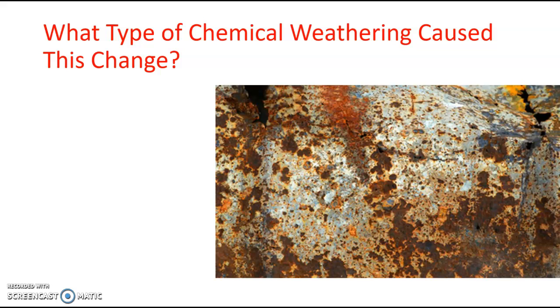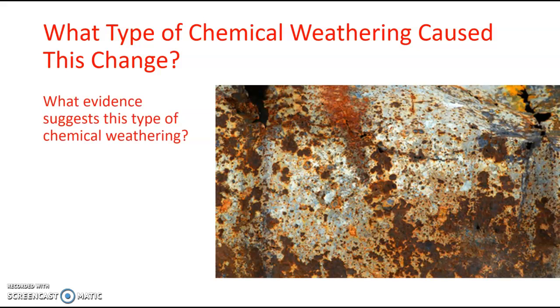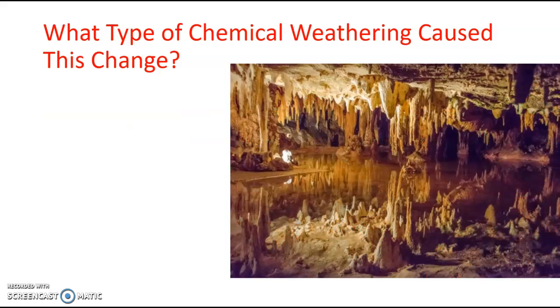All right, so now we want to look at our chemical weathering and what causes the different changes. So you can make your predictions in your student response sheet, and then come back to this video and we'll talk about them. So in this chemical change, we see some beautiful rust colors on this rock, and so that suggests to me that this is oxidation. So this is oxygen causing this chemical change.